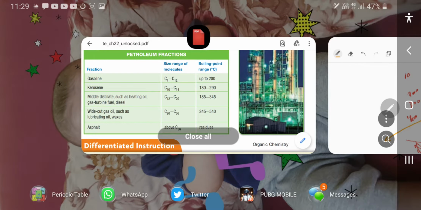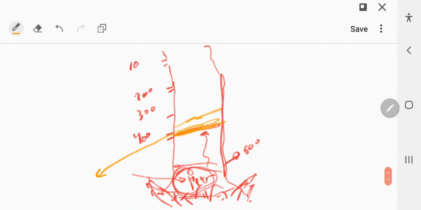So for example, if you look at wax gas and lubricant oil, it will be converted to liquid here because it boils over 400, and below 400 it will be liquid. So we can extract it here.